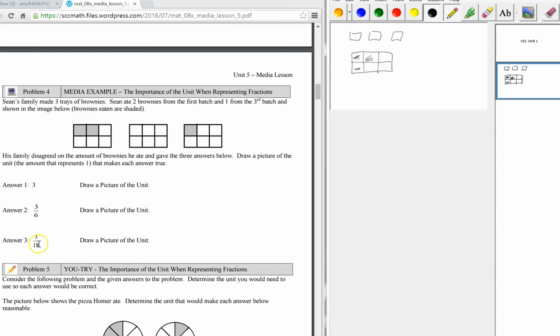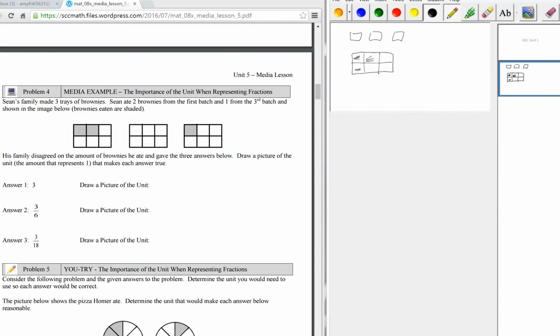And then lastly, we have 3/18. Well, that person could be thinking of all the brownies that were made. So there were 18 brownies made. I'm not going to draw this, but look at all 3 together. And they ate 3 brownies out of the total of 18 brownies. Now notice, all of those are completely reasonable and make sense based on the unit the people were thinking of.